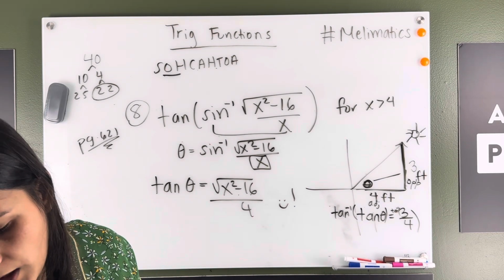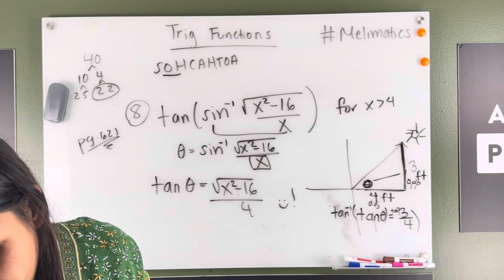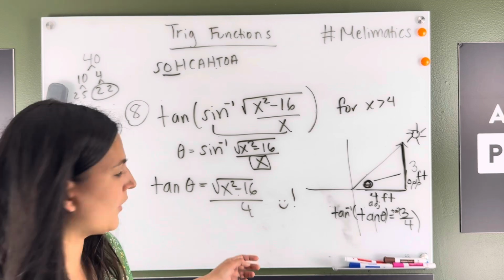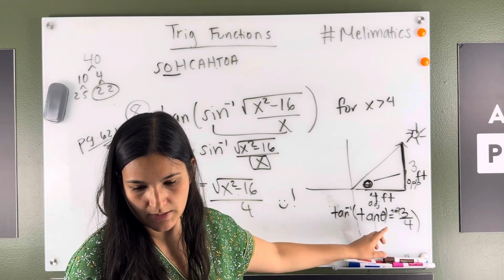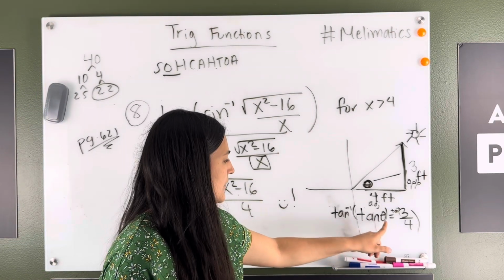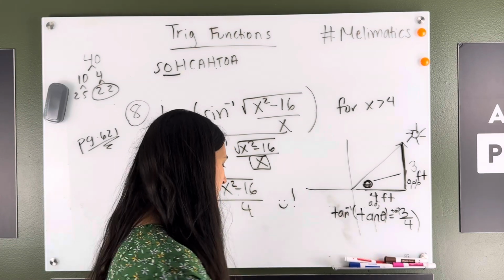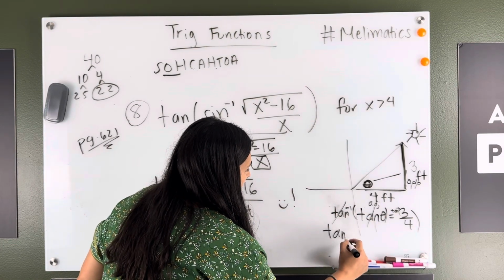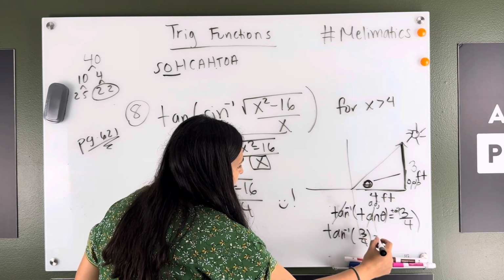Well, we'll just make sure that our result is between negative pi over 2 and pi over 2, because in order for our tangent and arctangent to cancel, this theta has to be between negative pi over 2 and pi over 2. Okay, so these are going to cancel for now. We're going to give benefit of the doubt. We're going to go ahead and get arctangent of 3 over 4.